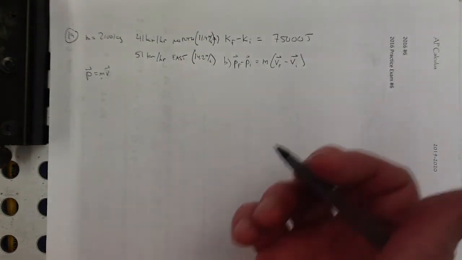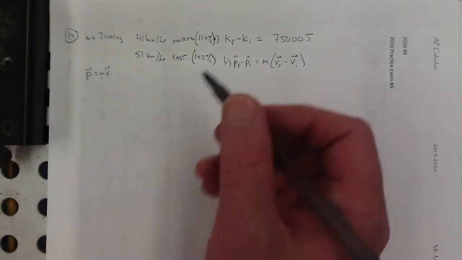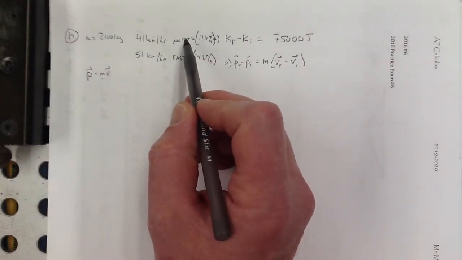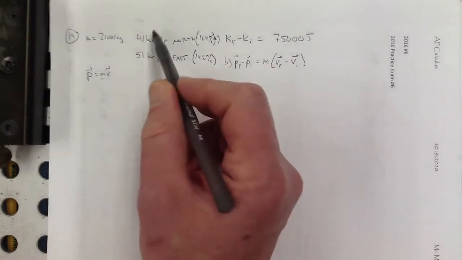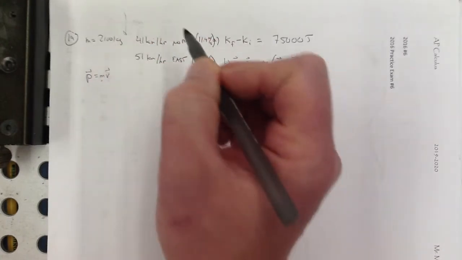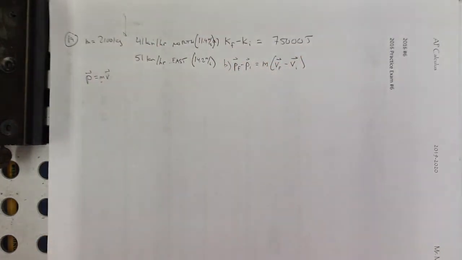We know how to do vectors. So we've got east. It shouldn't be too hard because if we just use the typical north, south, east, west, north is the positive j direction and east is the positive i direction.